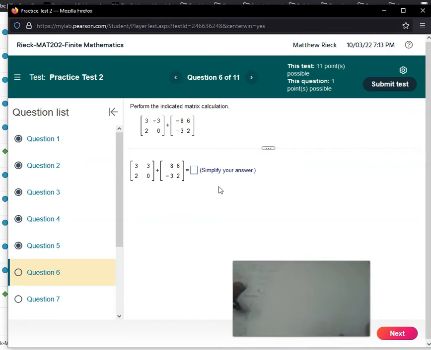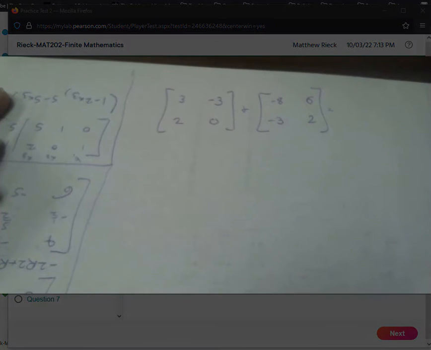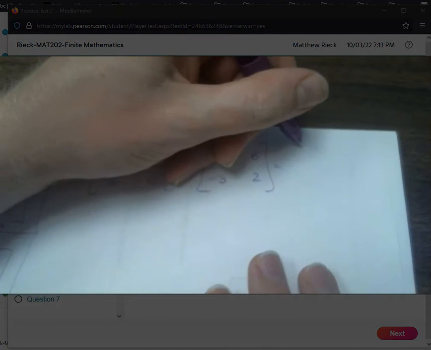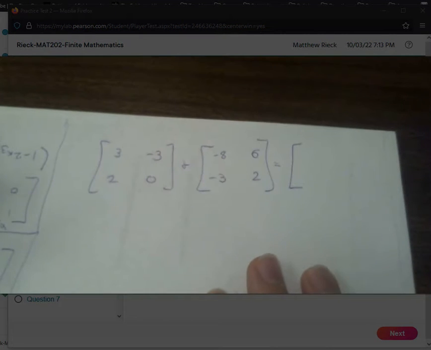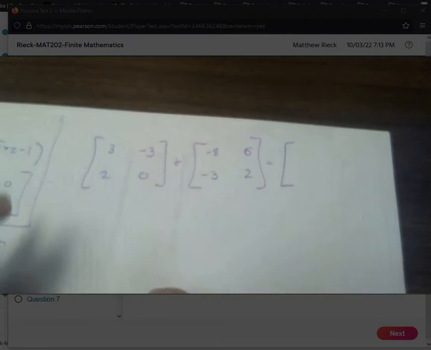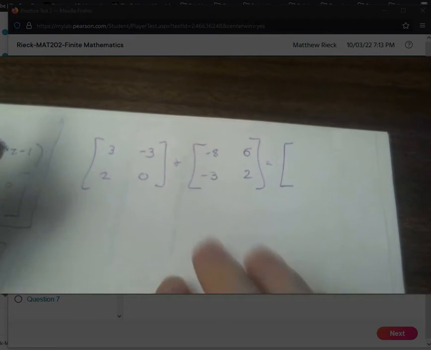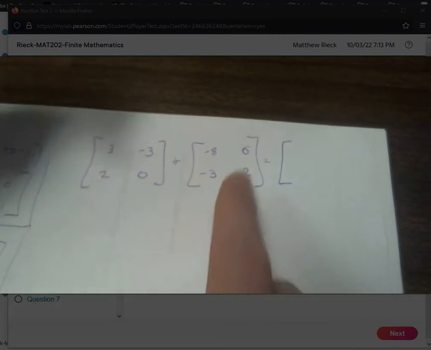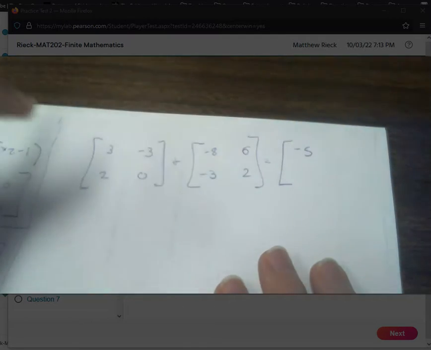All right. Next couple questions here are dealing with operations with matrices. To find the sum of two matrices, you're just going to add the corresponding entries. So here we have 3 plus a negative 8, which is going to be a negative 5.